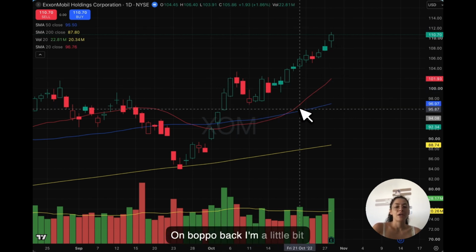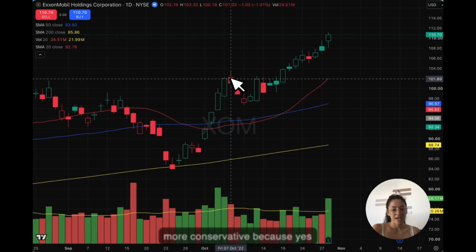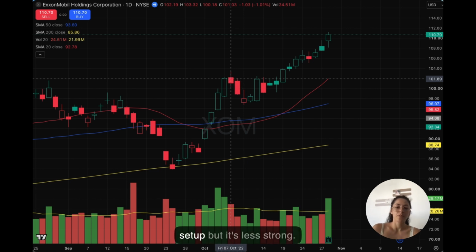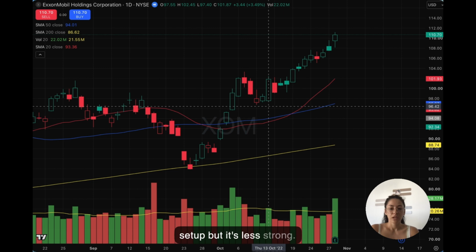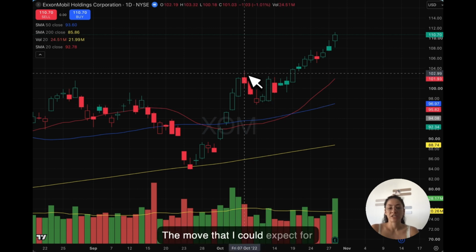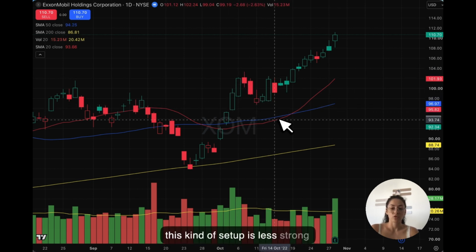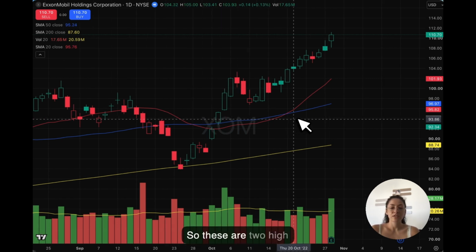On bull pullback, I'm a little bit more conservative because yes, it's still a high probability setup, but it's less strong. The move that I could expect for this kind of setup is less strong than a high base and break. So these are two high probability setups.